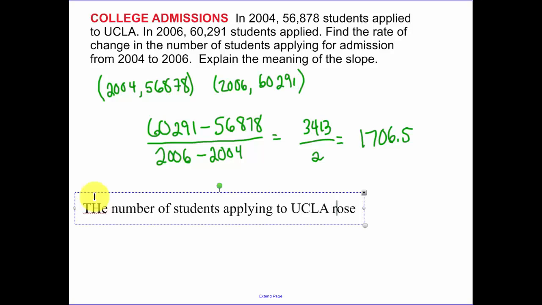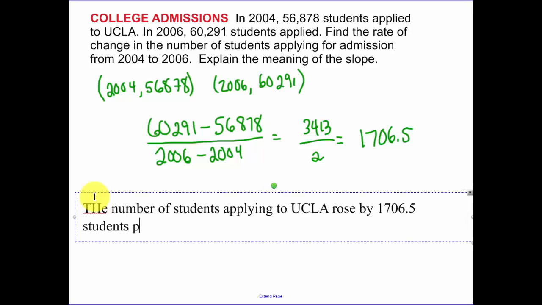So you need to tell me whether it's rising or declining by 1,706.5 students, and then make sure that you give me units. Students per year.